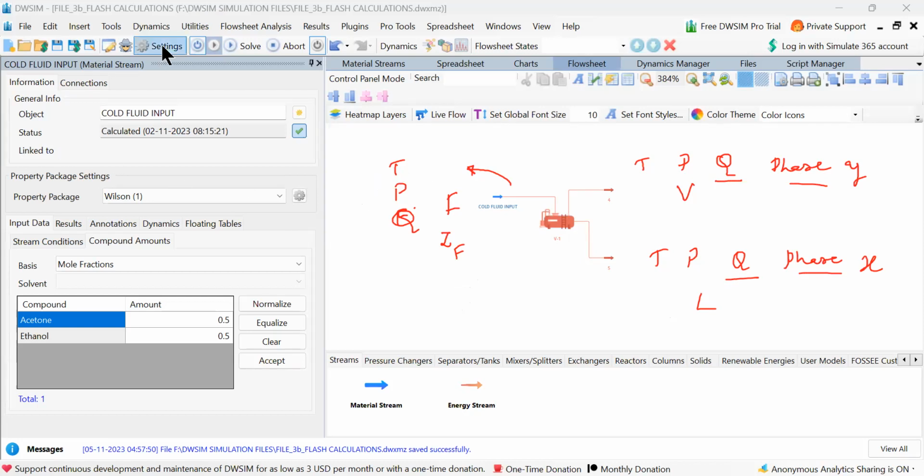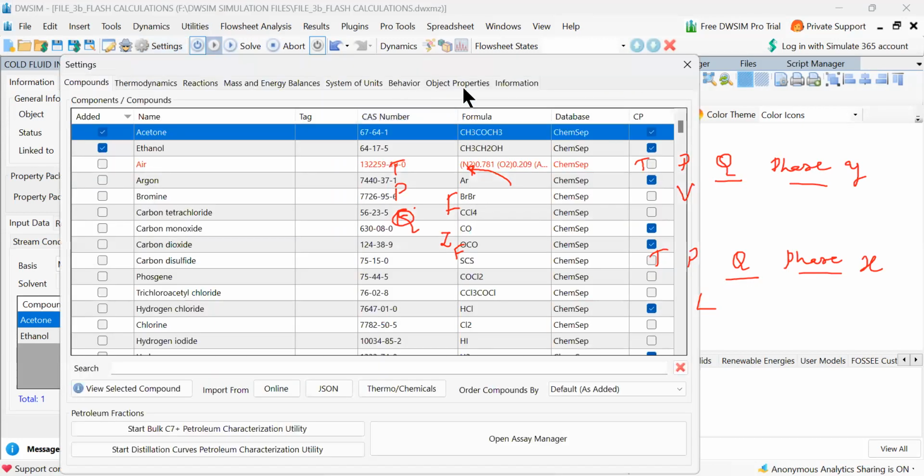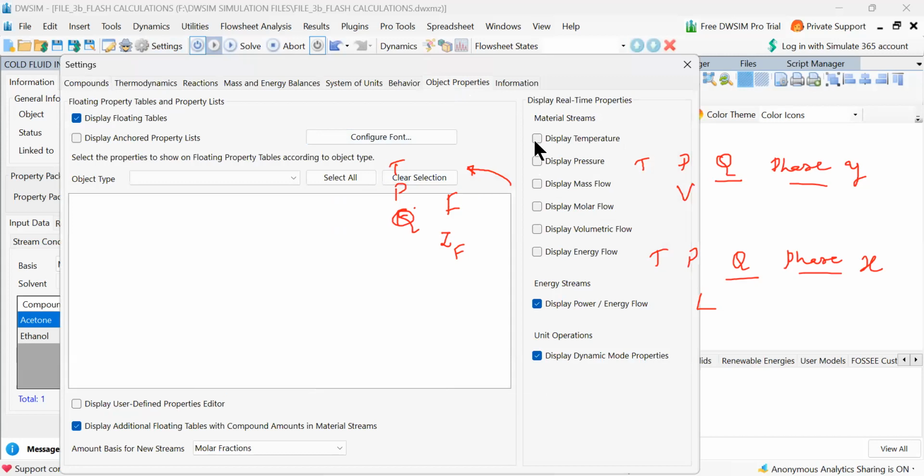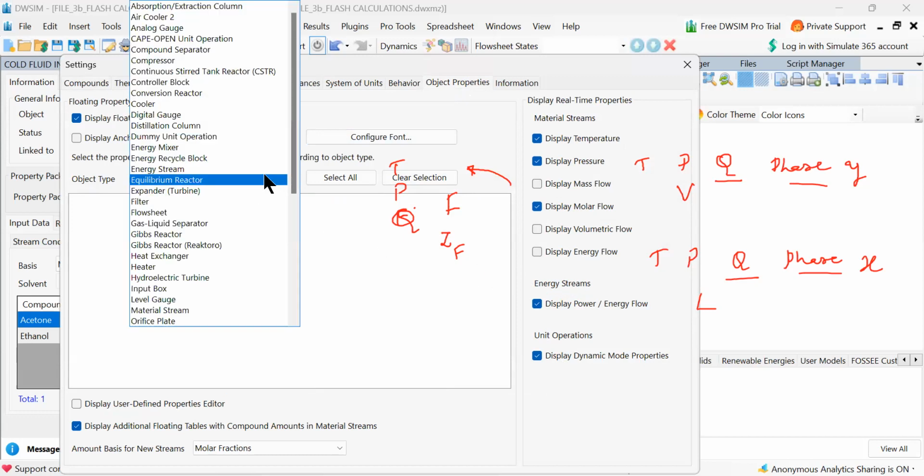But I want to display this particular information on the flow sheet. So go to the settings and object properties, and here you can see the material streams: display temperature, display pressure, display molar flow. These are a few things which are readily available. If we want, probably we can do more also. Let me see whether we have a flash or gas liquid operator.